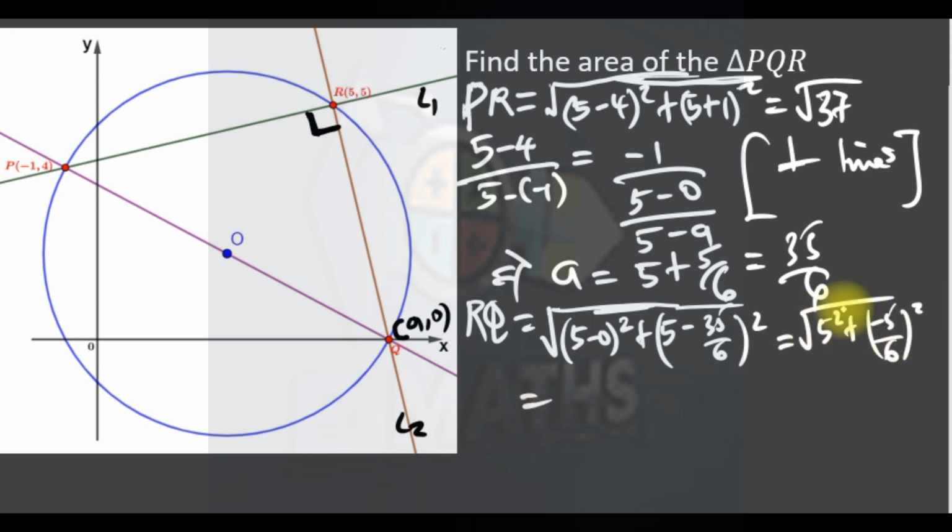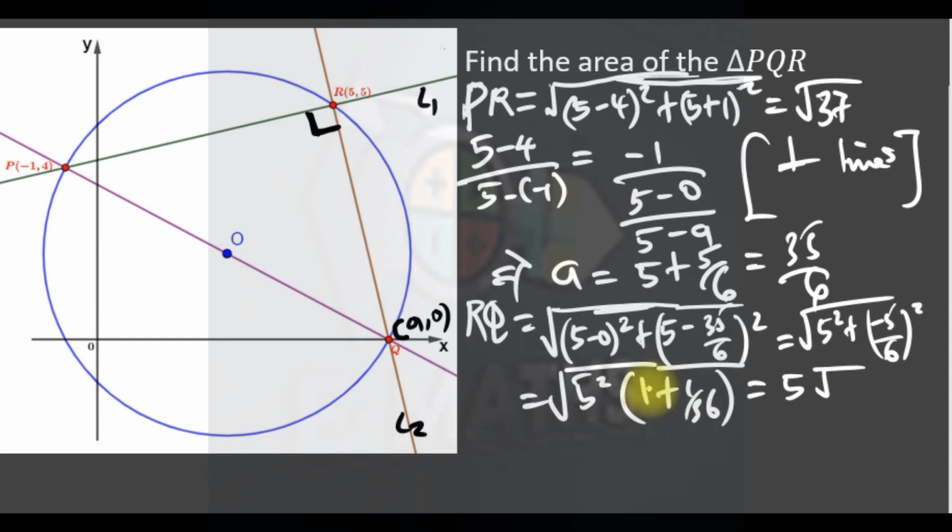If we bring out 5 squared, we are left with 1 plus 1 over 36. The square root of 5 squared is 5. 1 plus 1 over 36 is 37 over 36. So the square root of 37 is the square root of 37, while the square root of 36 is 6.